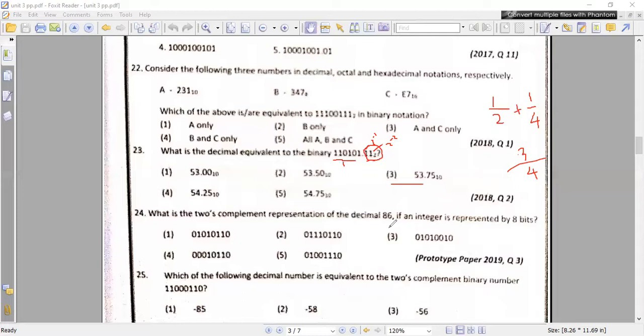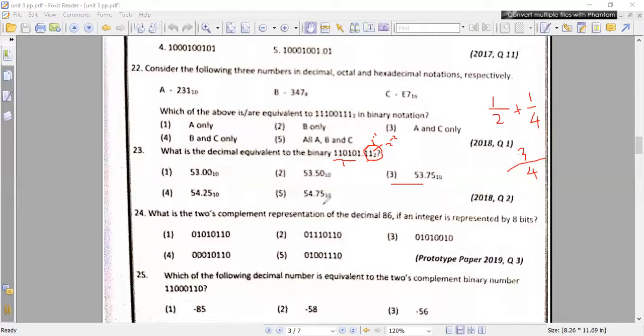So you can convert this decimal value to a binary value. Because you have to represent it with 8 bits, you have to put 0 in front. So for 86 you are getting 1010110.